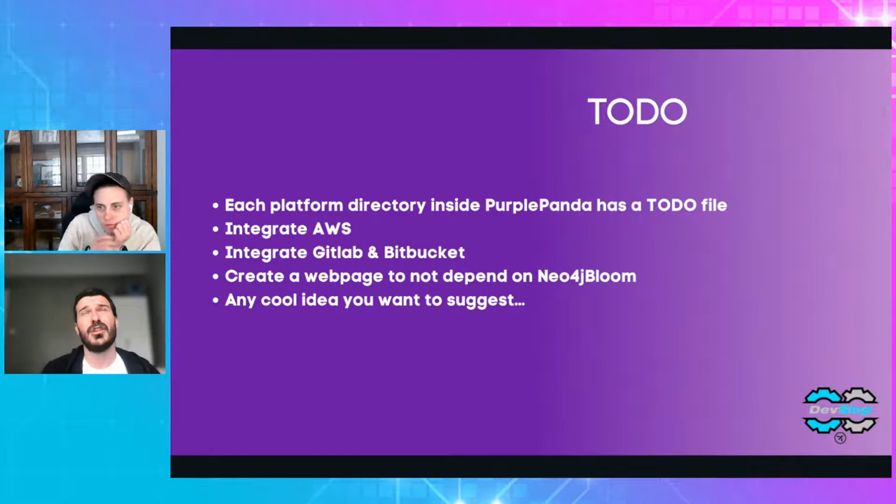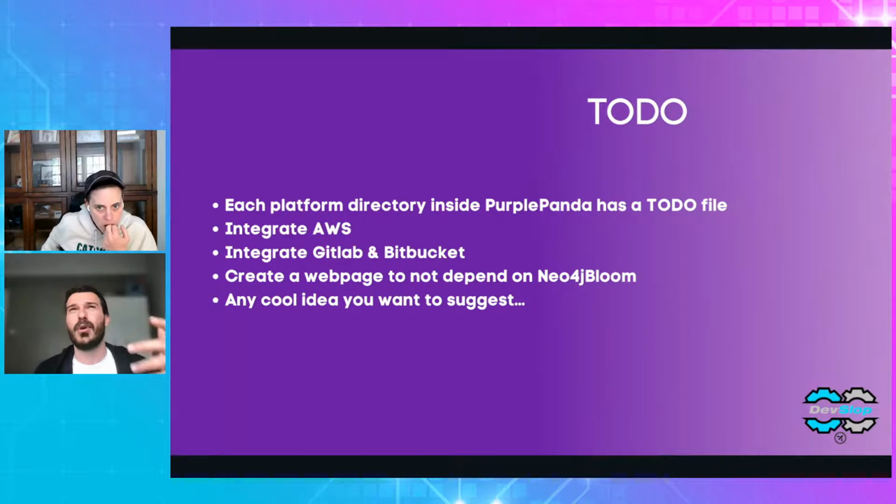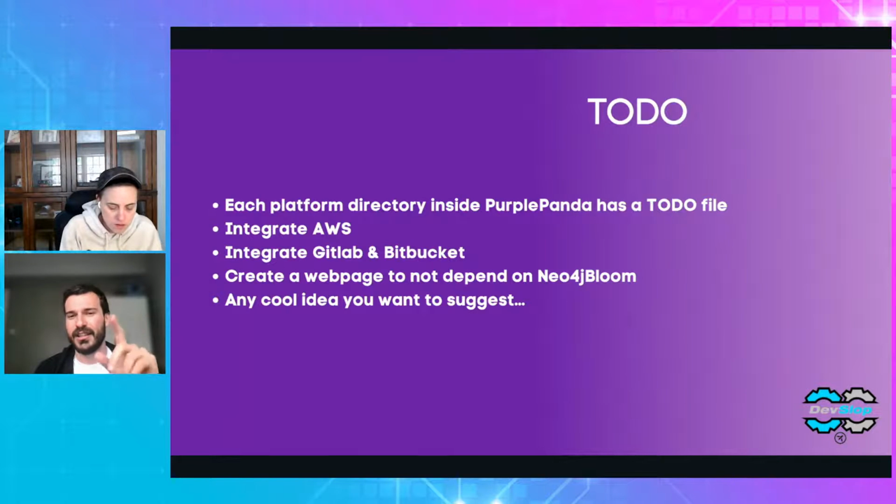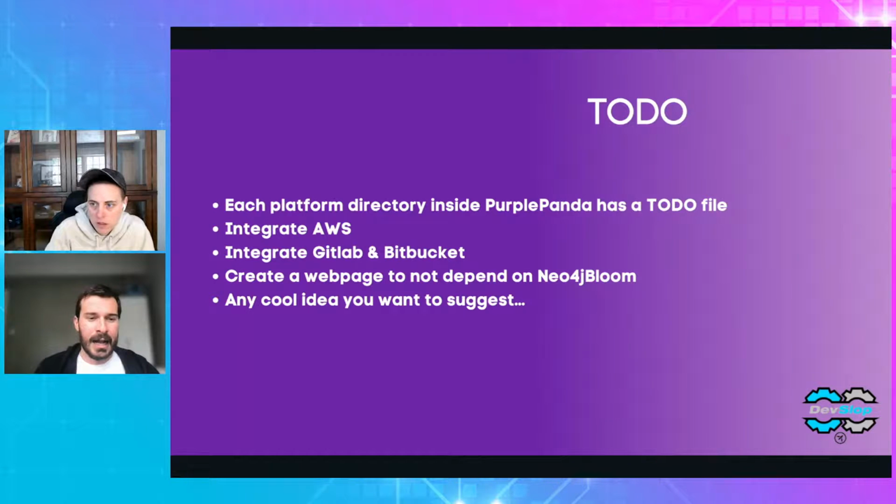I like Neo4j Bloom, but I think it would be much more awesome if, instead of asking people to copy and paste the queries, I could give an out-of-the-box prepared web page where people can just click and start looking at the results of the queries. That will be much easier. And any good ideas, I'm very open to collaborations with companies or people interested in this tool and who want to improve it. So anyone interested, just let me know.